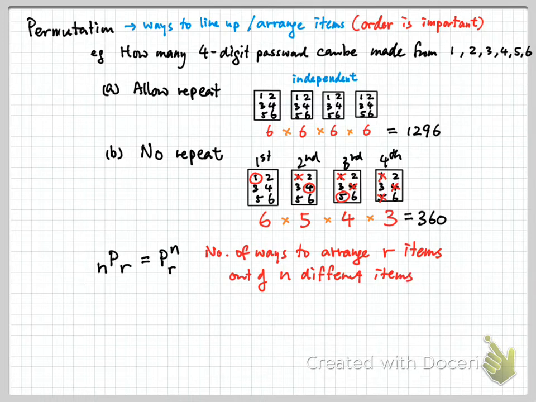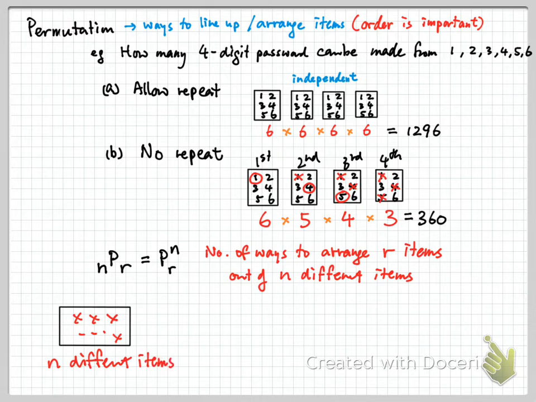That means if you have a box of n different items, they are all different. So every time you take out R of them, I do not take all of them, I only take a subset, I only take R of them. They are R items, taken from the pool of n items, and I put them in a line, I line them up on a single line.